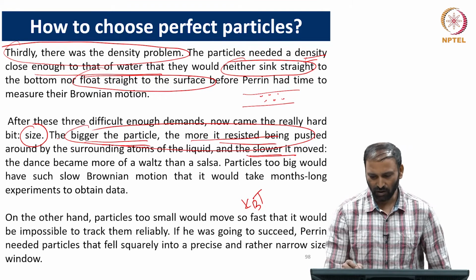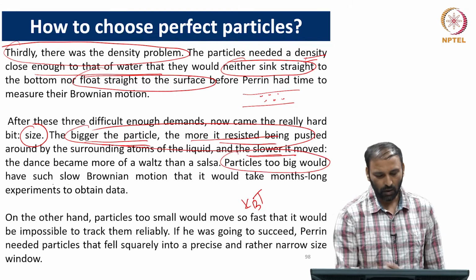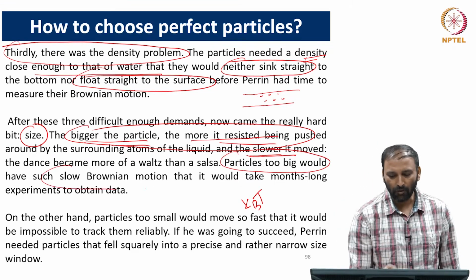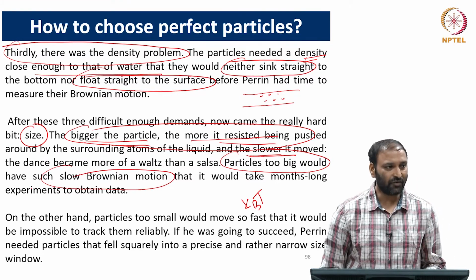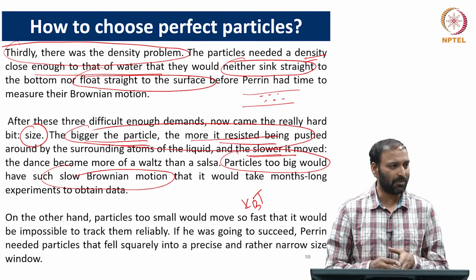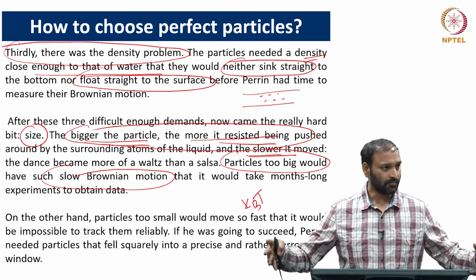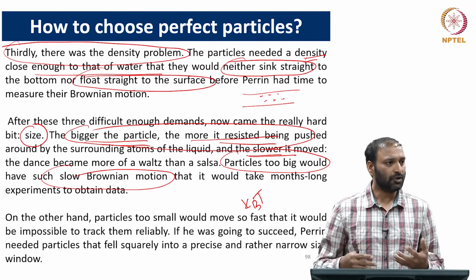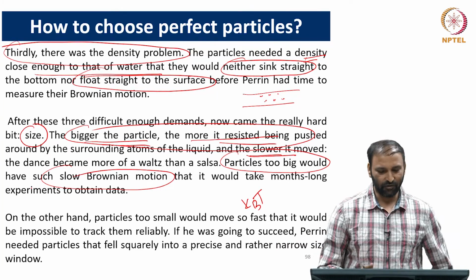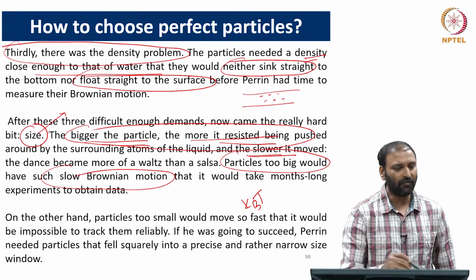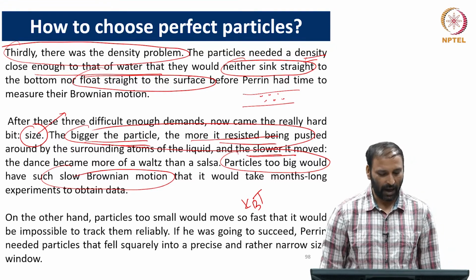So, particles that are too big would have very slow Brownian motion, or they may not even exhibit Brownian motion, right. So, if it is very slow, then you may have to do experiments for a very long time, or if they do not move, you do not even have a chance of measuring Brownian motion, right. So, therefore, the particles have to be of the right size.